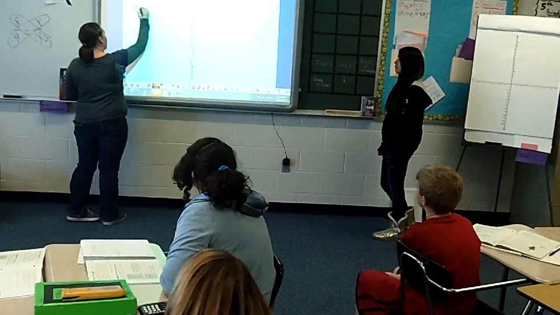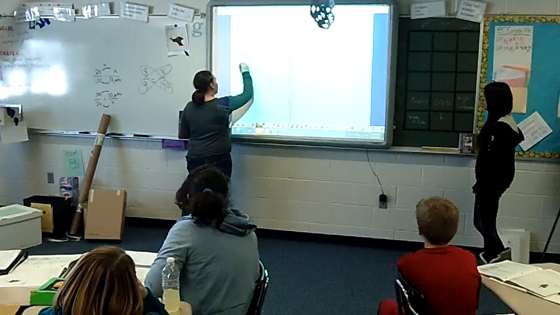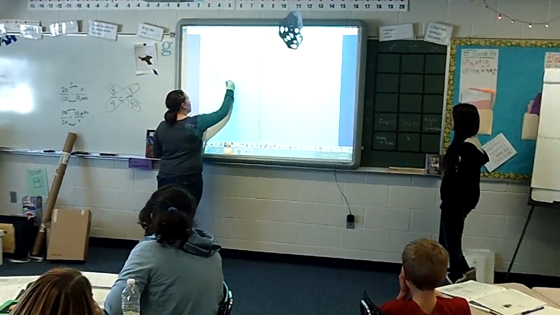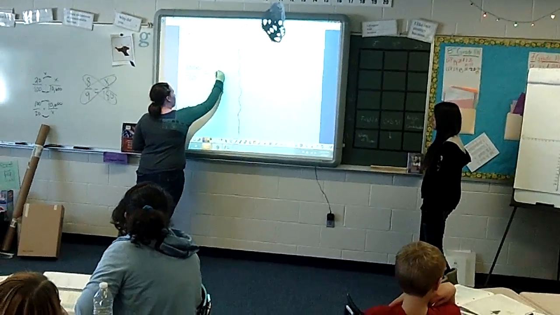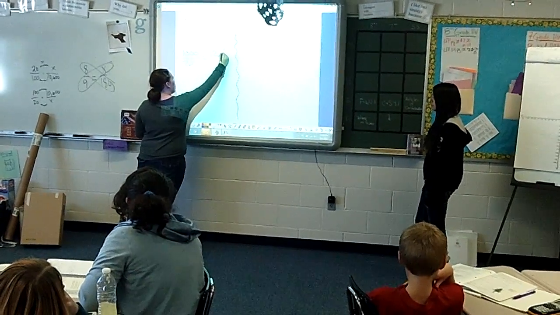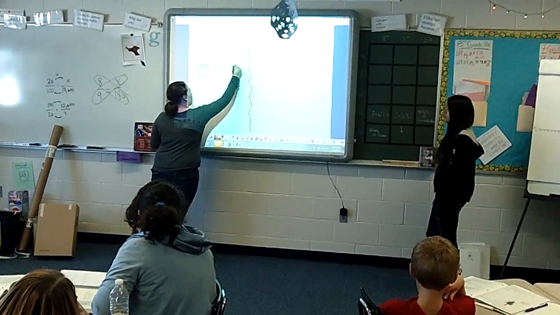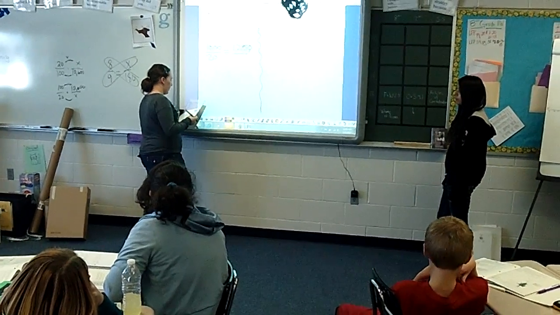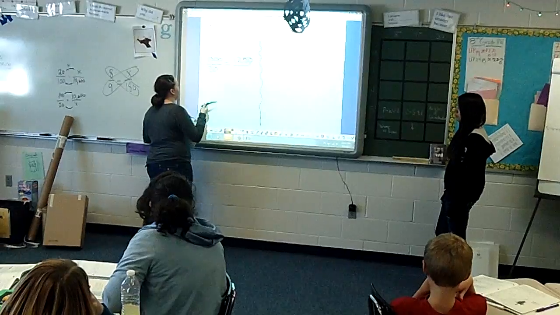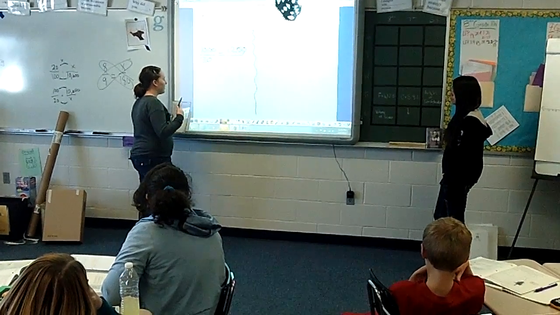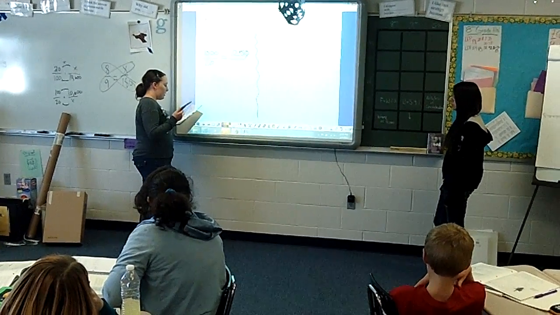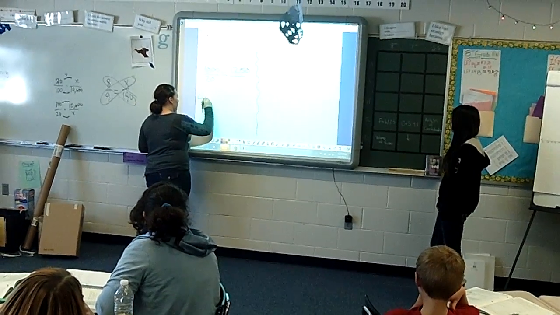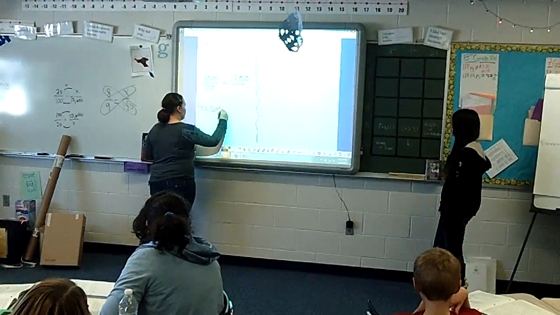So we put the 1,000 and then the 20 calculators with one. Then we did an equal sign. And then we had to find how many calculators. So we thought, well, 20 calculators equal 1,000. Then we found 400 equals 200.